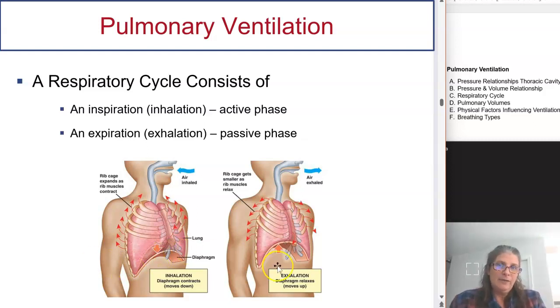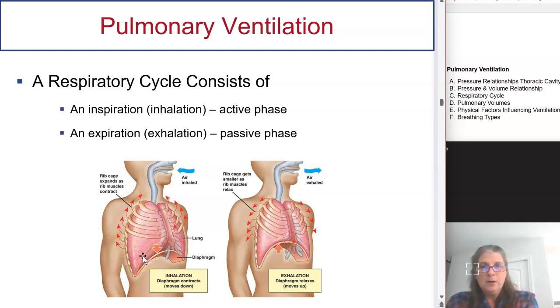So we come back to, what's changing the volume? Well, it's the diaphragm. So when we look at a respiratory cycle, it's an inspiration and an expiration, or you can say inhalation and exhalation. You learned a cardiac cycle, the events basically through one heartbeat. Respiratory cycle are the events that happen for us to inhale and exhale. So inhalation or inspiration is always active because it requires the diaphragm to contract.